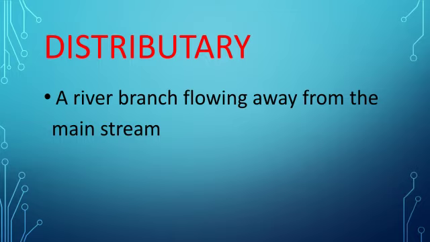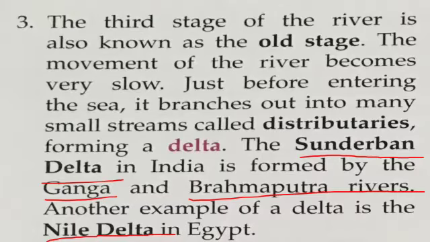Those are called distributaries, forming a delta. और ये distributaries एंड में जाकर जो सी के आसपास वाला एरिया होता है वहाँ डेल्टा बनाती है. These distributaries form a delta there.